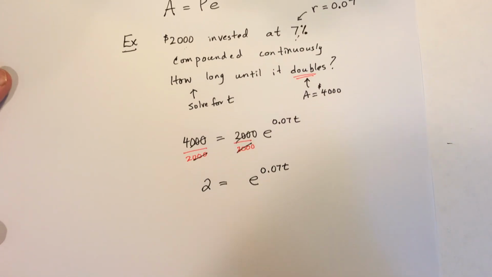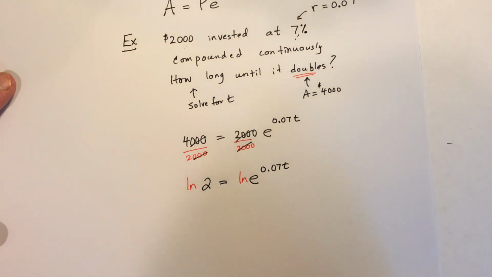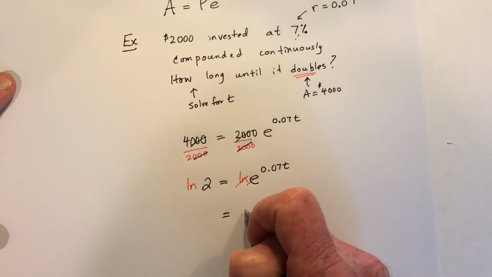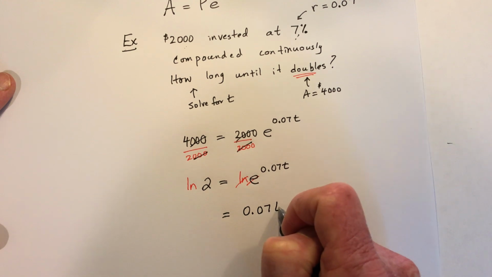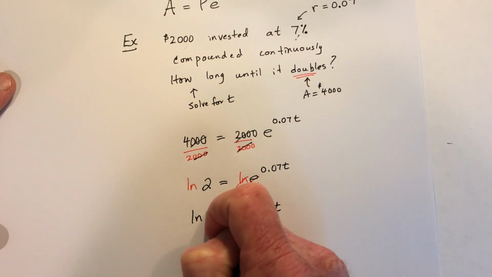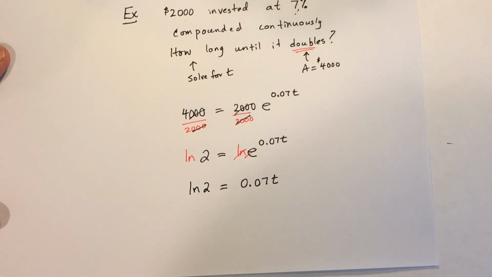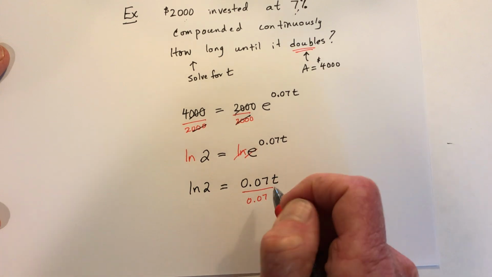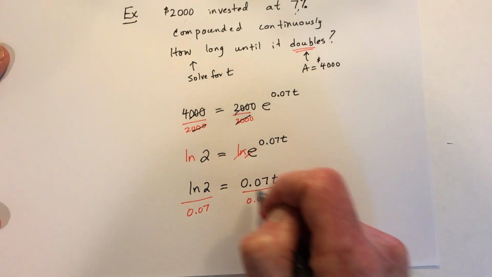And then to solve for t, you next take the natural log of both sides, and these are going to cancel each other. That's the whole job of ln, to cancel out the e, and that means the right side has just 0.07t. And this side has natural log of 2. And all I need to do to solve for t is divide by 0.07 on this side, and then divide by 0.07 on this side.